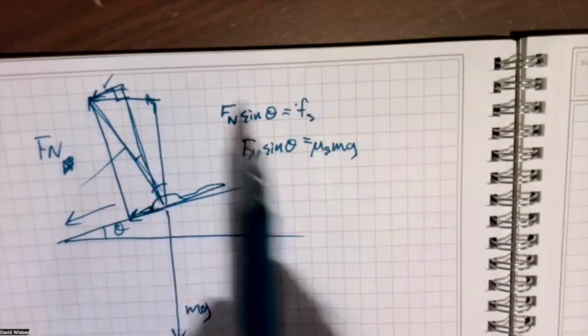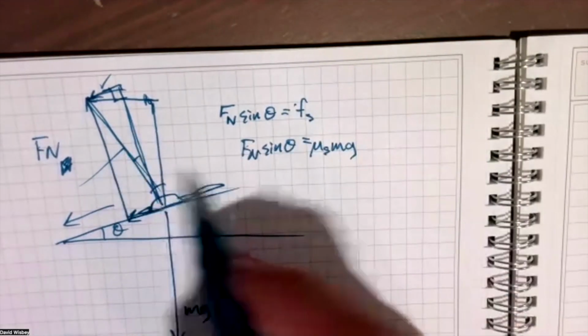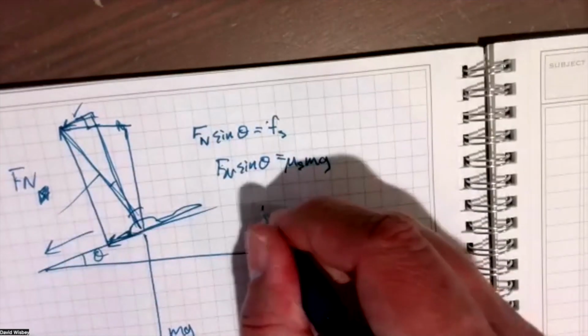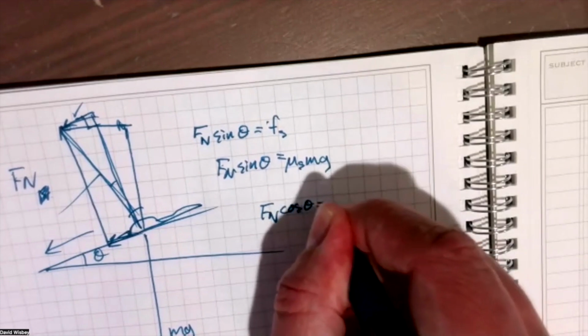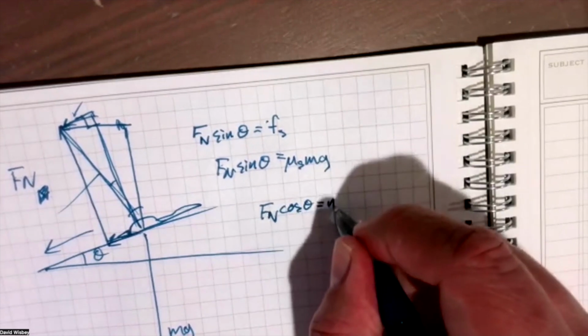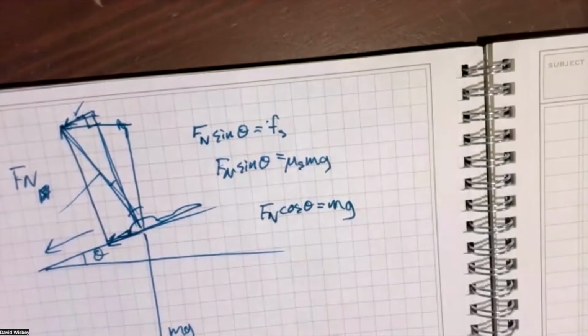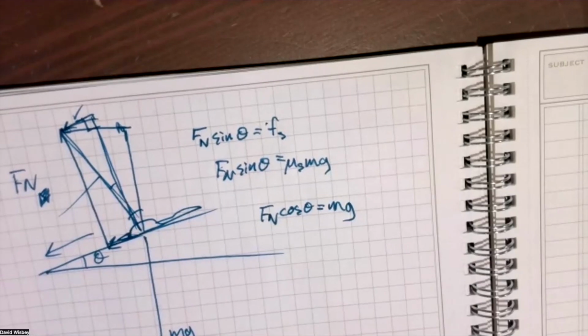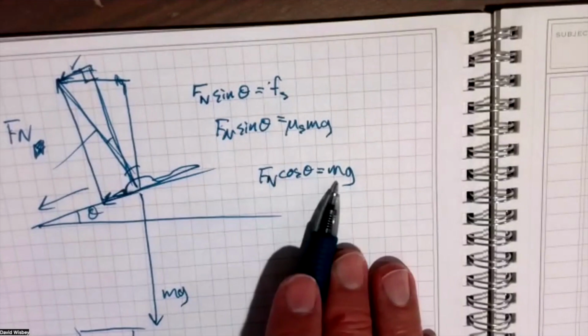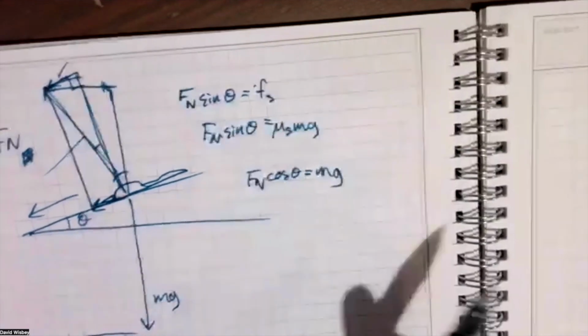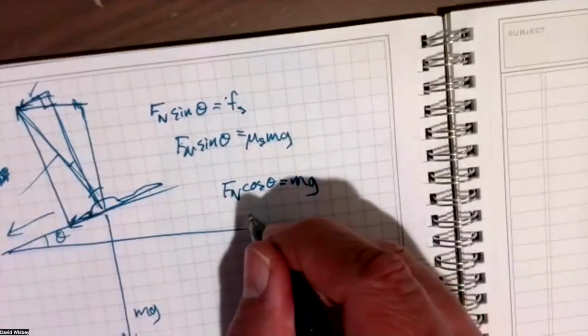So this part of the triangle is going to equal F of n times cosine of theta, which is going to equal m times g. From this, I can get what F of n is. Let's try and solve this.